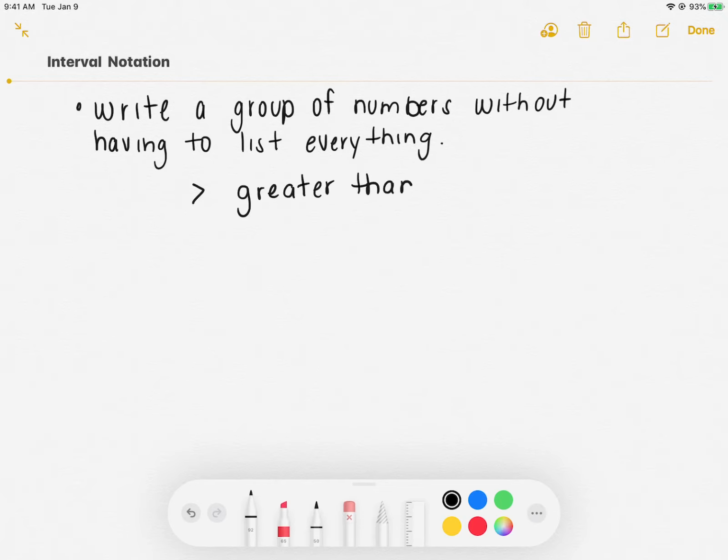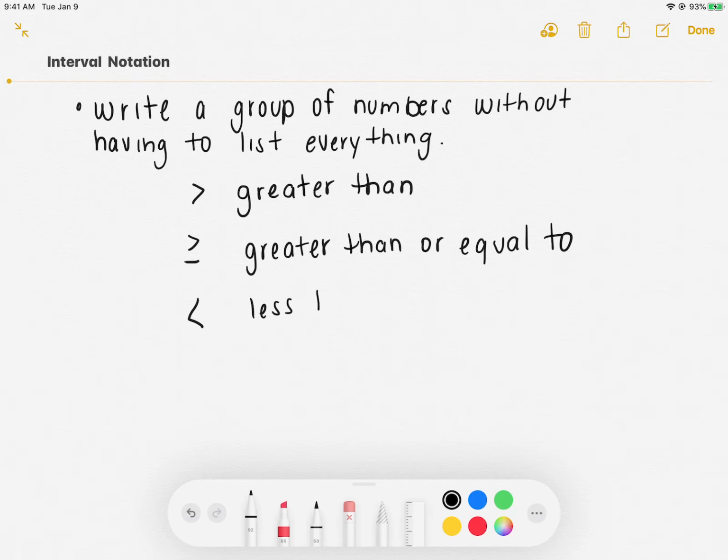If I put a line under it, it's greater than or equal to. The one that almost looks like an L is my less than, and a line under it gives me less than or equal to.